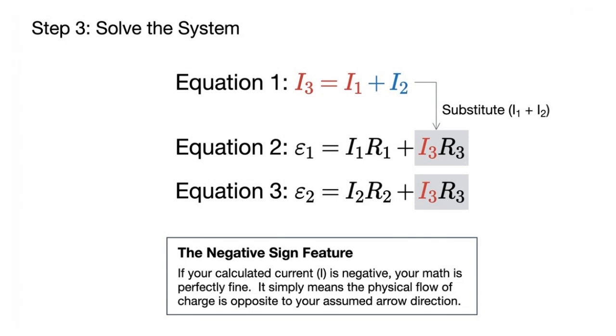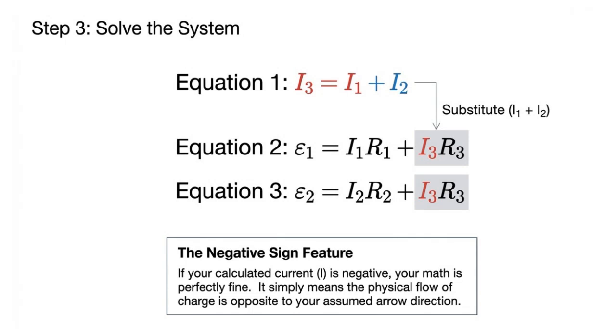The first equation relates the currents, showing that the current I3 is the sum of I1 and I2. Using that, we substitute I3 in the next two equations, which represent the voltage drops in the circuits. These voltage equations include the resistances and the currents, and by substituting I3 as I1 plus I2, we now have expressions that connect all variables.